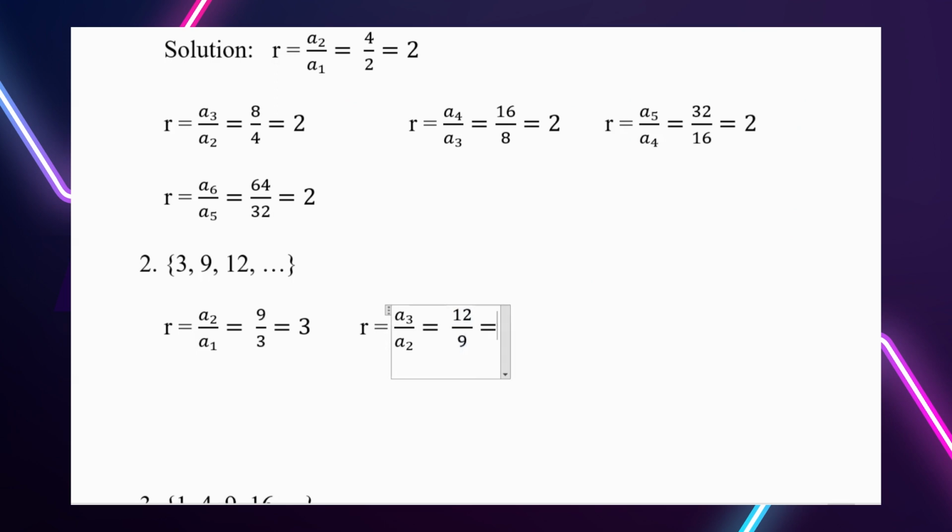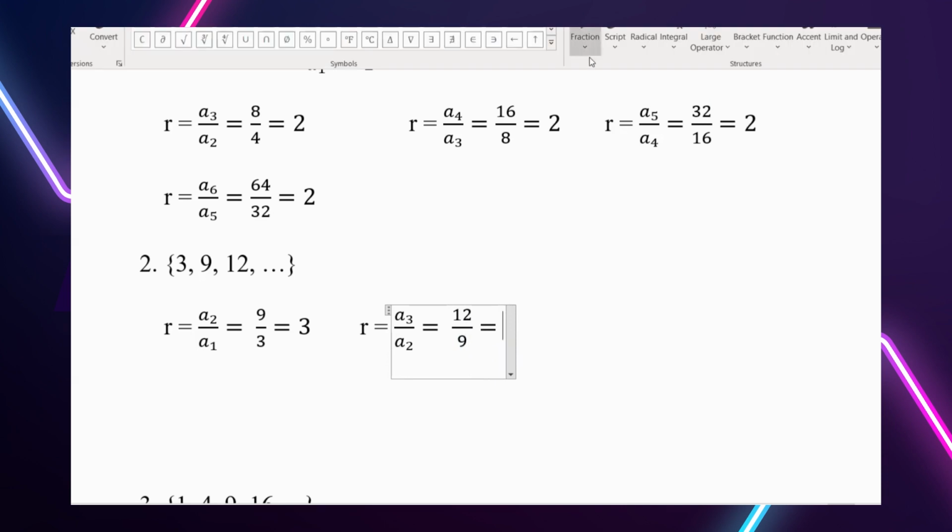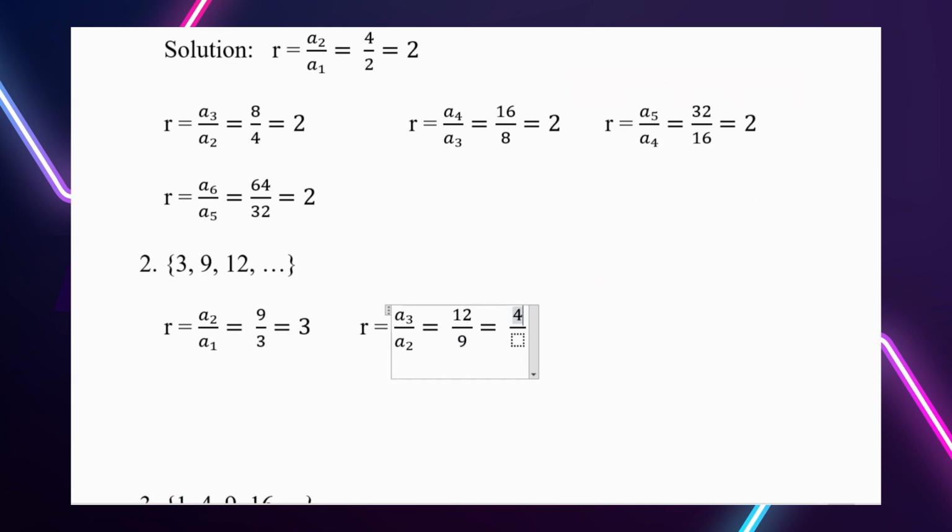So, when we divide the value of a sub 3 by 9, which is 12 divided by 9, it is 4 over 3. So, dito pala makikita natin na magkaiba na kaagad ang ratio ng first term at second term, at ng second term and the third term. Therefore, we can now conclude that the second example is not geometric sequence.